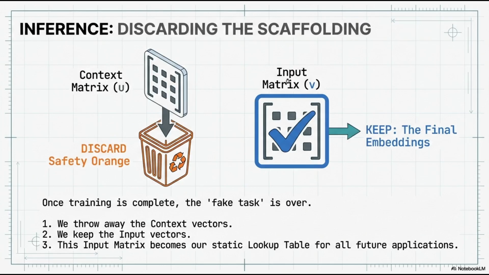So this is the center matrix, and this is the context matrix. We throw this away. We keep this. The rows of this matrix are our embeddings. If you download a pre-trained model like Word2Vec or GloVe, you are just downloading this saved matrix.